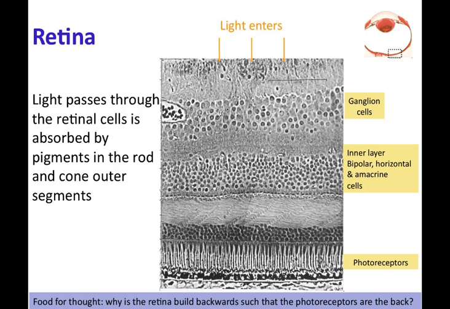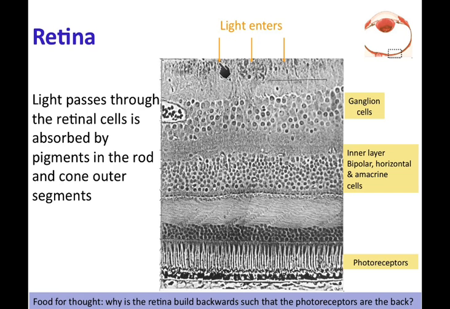There's a little bit of an engineering oddity about the retina. If you were an engineer devising a device that transforms light into electrical signals, you would probably want to put the detectors up front at the top to be maximally sensitive to the light, right?